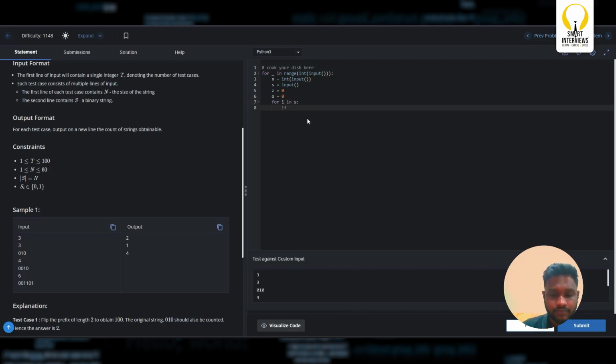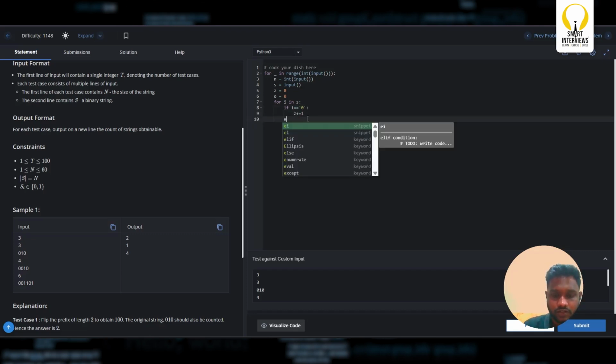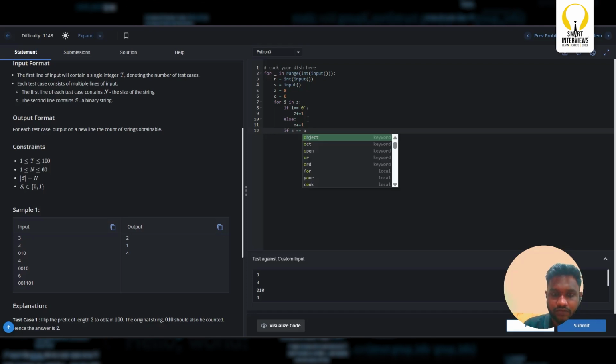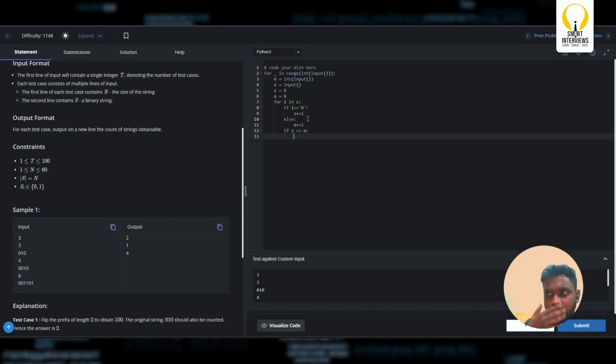If the character equals 0, then zero count plus equals 1, else one count plus equals 1. Now I'll check if I have an equal number of zeros and ones. If zeros equals ones, then I'll count how many times I saw an equal number of zeros and ones.